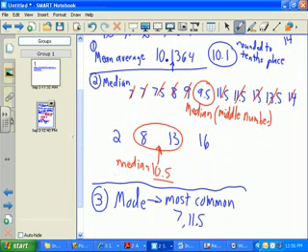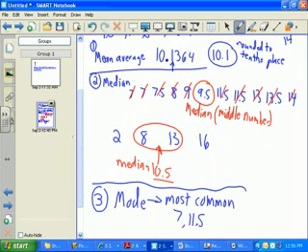They both occur twice. Could you sometimes say no mode? If all of them are different. Yep. If none of them get repeated, then you would just say there's no mode. Sometimes that happens. Good point.